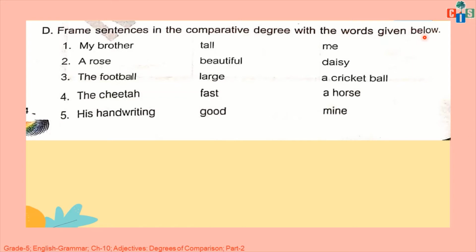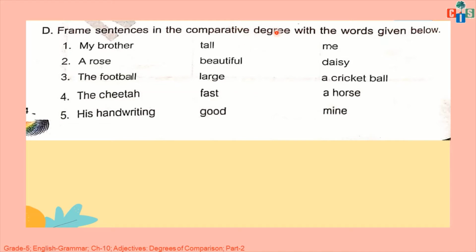That you have to make a sentence of the words given below. Here, for example, 3 words are given: my brother, tall, me. Okay, these are like hints for you. These words are given as a hint, and by these words you have to frame one sentence in the comparative degree.